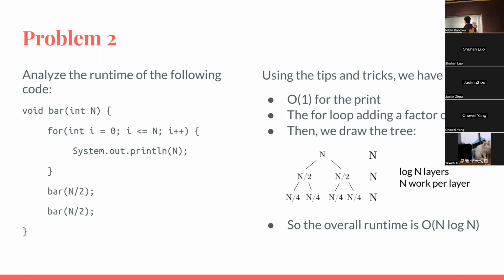So let's find some room here to draw out this tree. We have n here, and then if we have 3 calls, we split into 3 calls of n over 2. And then each one of these splits into 3 calls of n over 4.